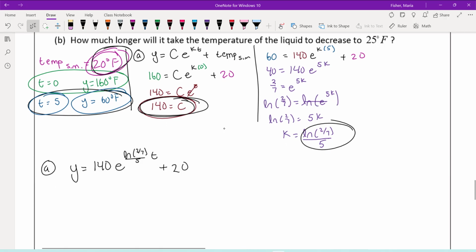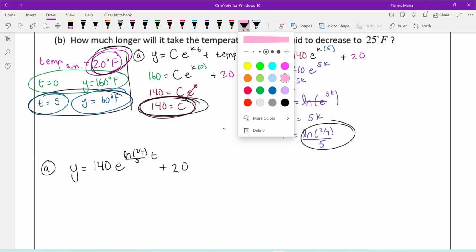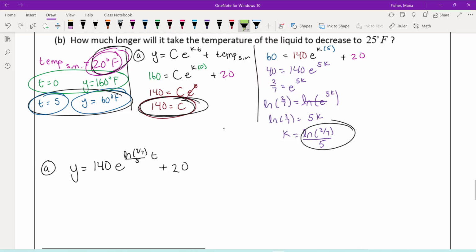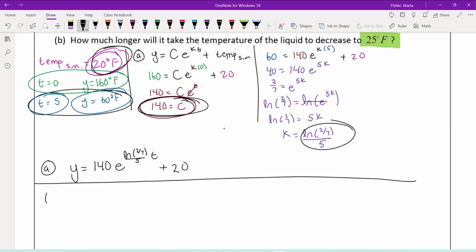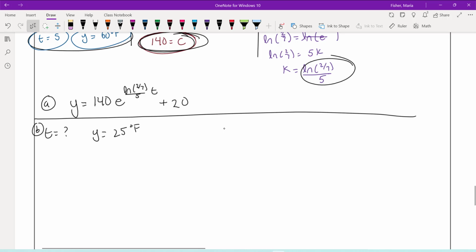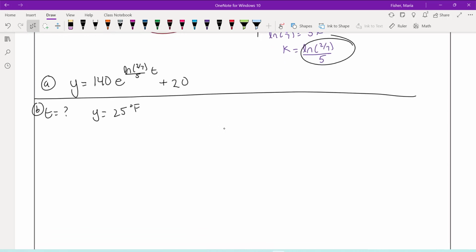Part B is asking us, when is the temperature of this liquid going to end up being 25 degrees Fahrenheit? For part B, we need to figure out what is t so that y is 25. So plugging it into the equation we just came up with for part A, we end up with 25 is equal to 140 e to the natural log of 2/7 divided by 5 t plus 20.